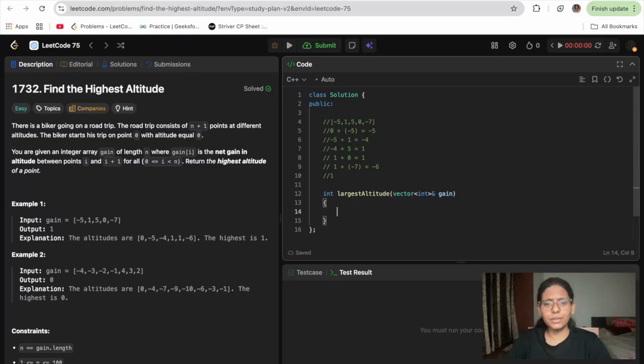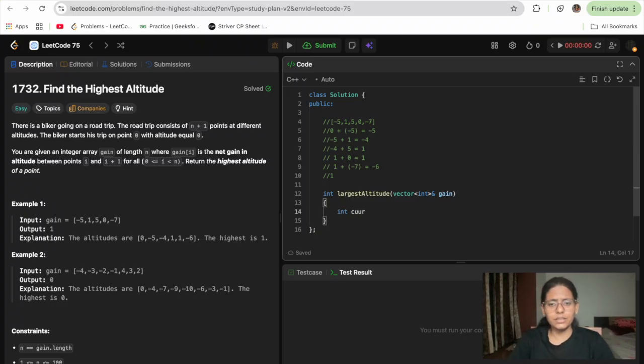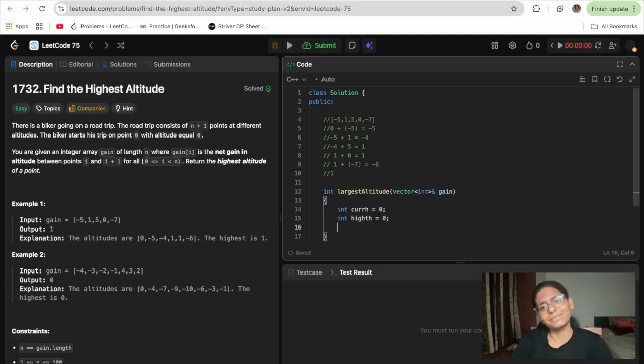And how will we solve it? We'll take one variable, our current height. According to the question, our current height is 0, and the highest height that we achieved is also 0, because right now I'm at level 0, so the highest height I have achieved is 0. Keep in mind we are going down too, so 0 can be the highest level also.